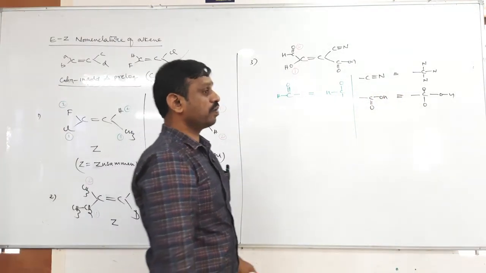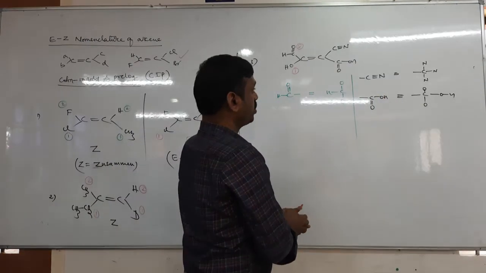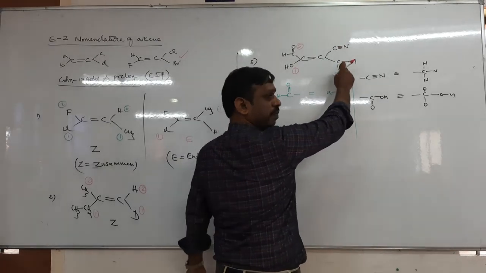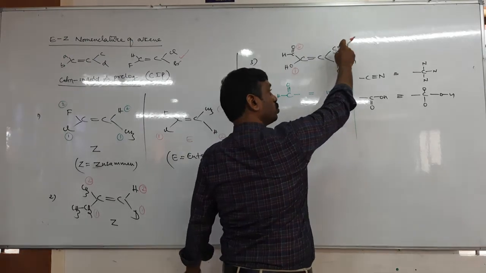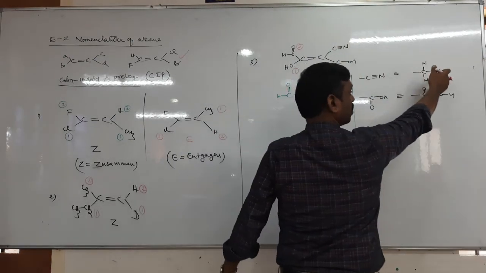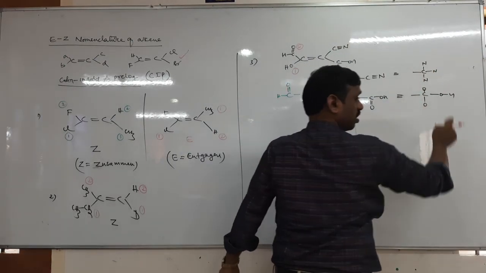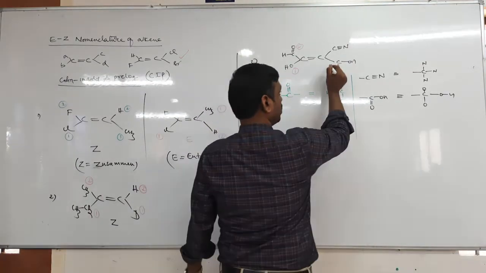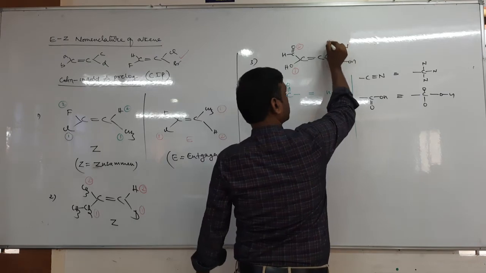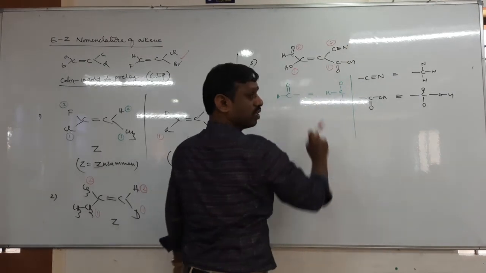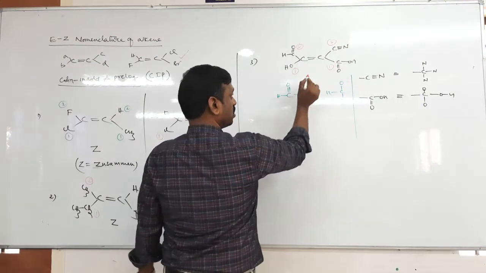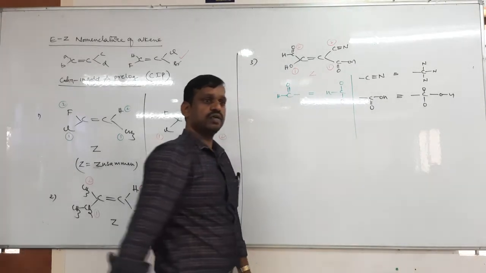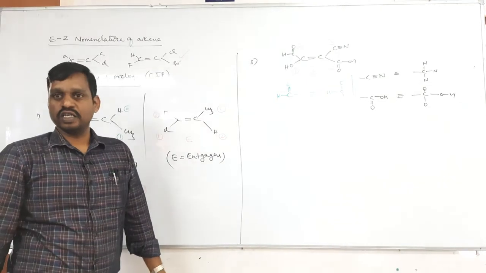Now give the priority. This carbon is attached to 3 such nitrogens, while here there are 3 oxygens. Whose atomic number is more? Oxygen. Therefore, this gets first priority, this gets second priority. So 1, 1. Same priority groups on the same side is called Z. So like that, you should write the EZ nomenclature.